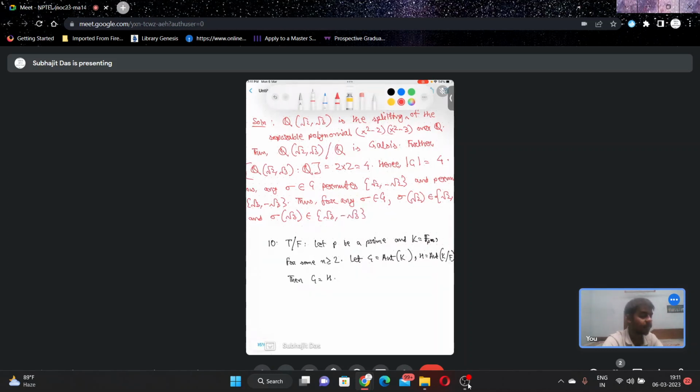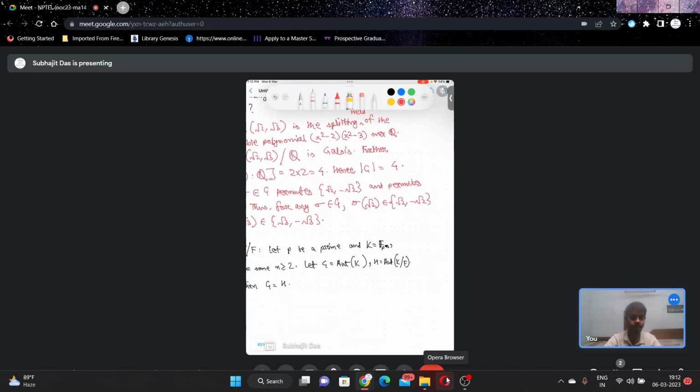There are two possibilities for the image of root 2, and there are two possibilities for the image of root 3.